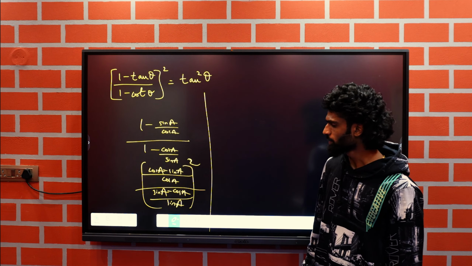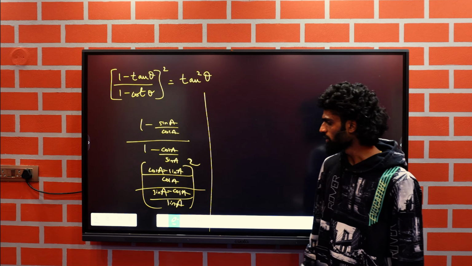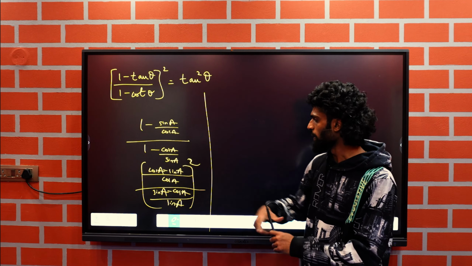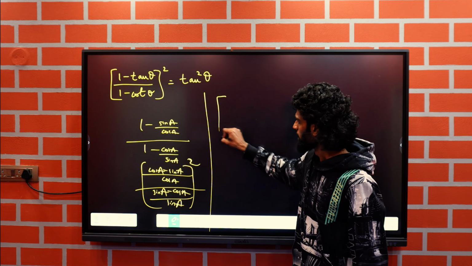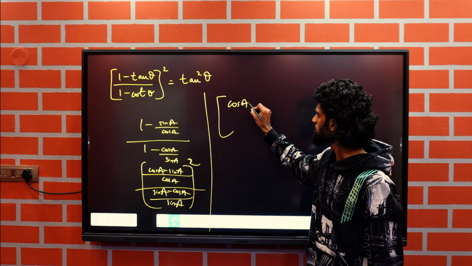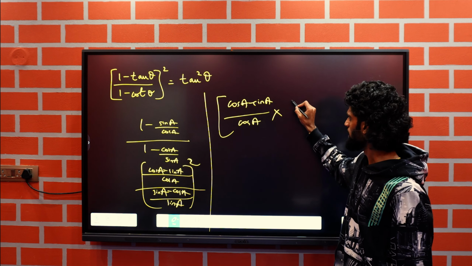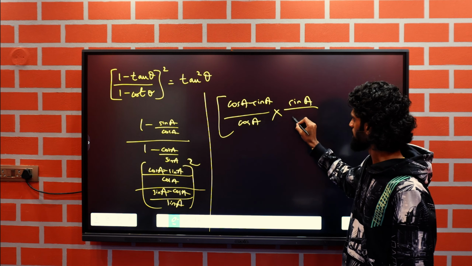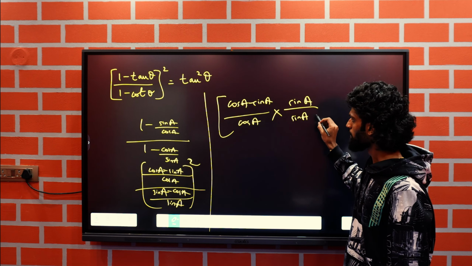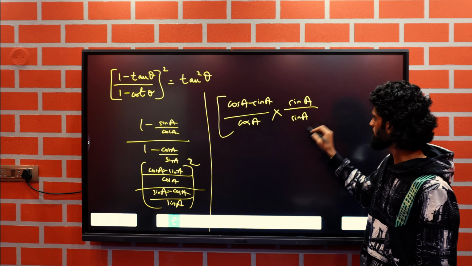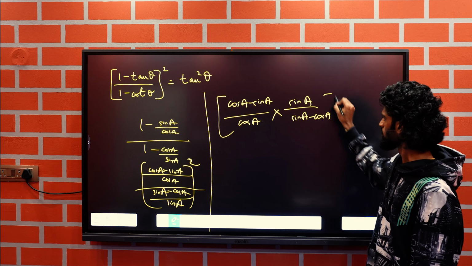Now what do we do? We apply the same concept right now as I told you. The denominator becomes the numerator. So it just flips, and if you're getting confused with that, I'll rewrite it, no worries. Cos A minus sine A by cos A into, it flips, sine A on top and sine A minus cos A the whole square.